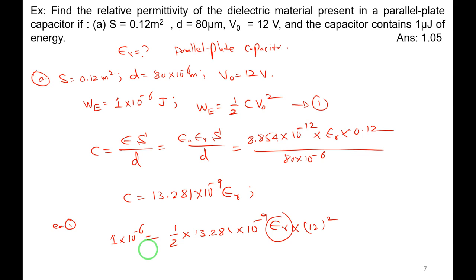So 2 exponential minus 6 divided by this entire quantity, 13.281 exponential minus 9 into 12 square. So I am getting epsilon r equal to 1.045. So 1.05. They have rounded, that's all, right? Okay.